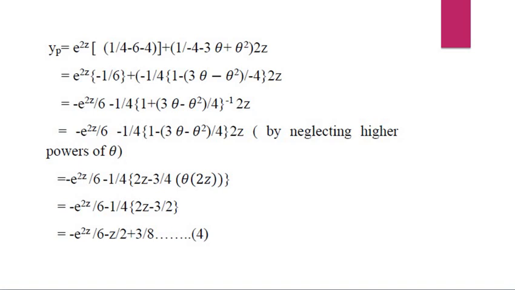minus 4, plus you can express the second expression in terms of either 1 plus g of theta or 1 minus g of theta. Therefore we get 1 minus 3 theta minus theta square divided by minus 4.